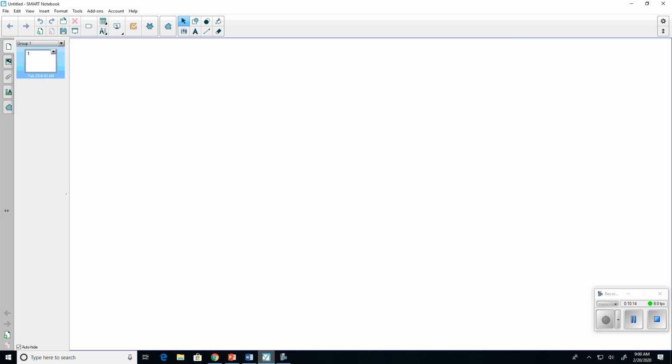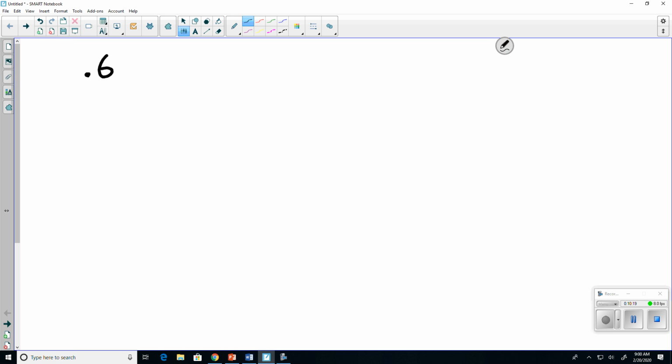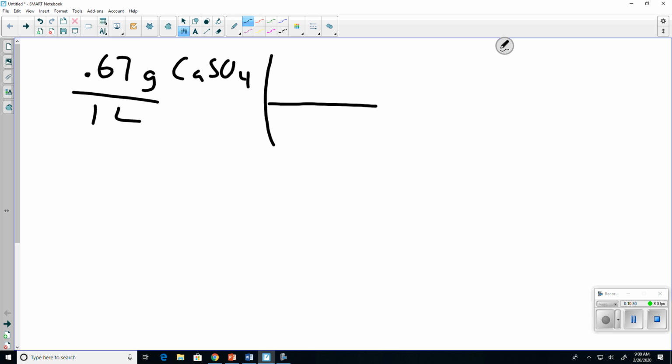So the first thing I like to do with this, 0.67 grams per 1 liter, and that was of calcium sulfate. Convert your grams into moles. That's what we always do.